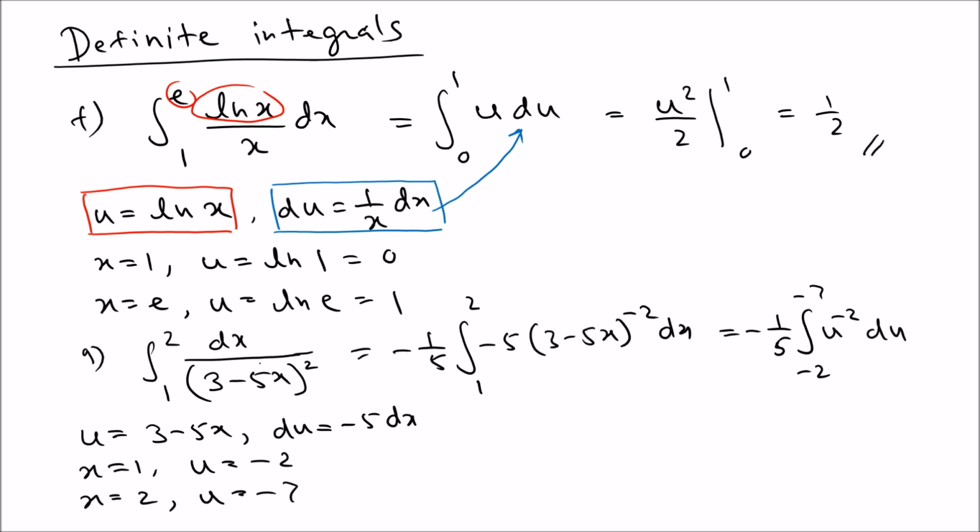Perfect. So this equals negative 1/5 times u to the negative 1 over negative 1, evaluated from negative 2 to negative 7. So let's plug in the values. This is 1 over u with a negative sign, so it becomes 1 over 7, and then minus 1/2.